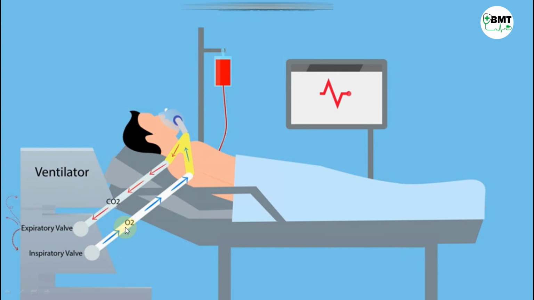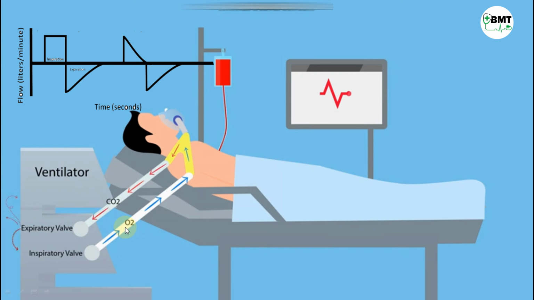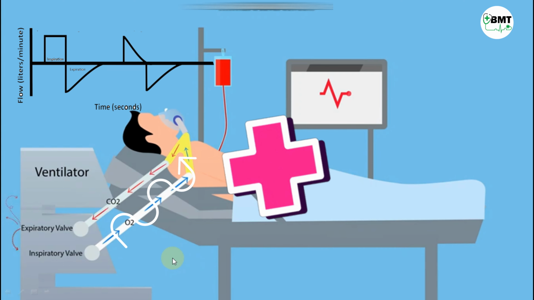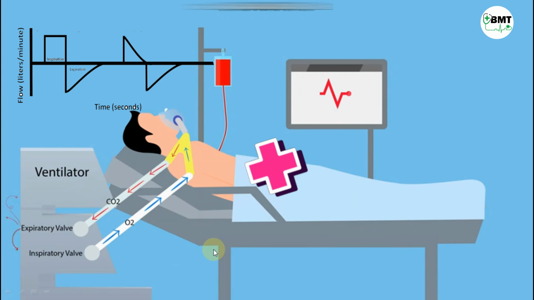So now on the graph, there will be positive deflection or negative deflection. But any flow towards the patient is considered as positive. That is, during inspiration, air is pushed towards the patient, which is considered as positive flow. And during expiration, there will be flow, but it will be towards the ventilator. So it will be considered as negative flow.